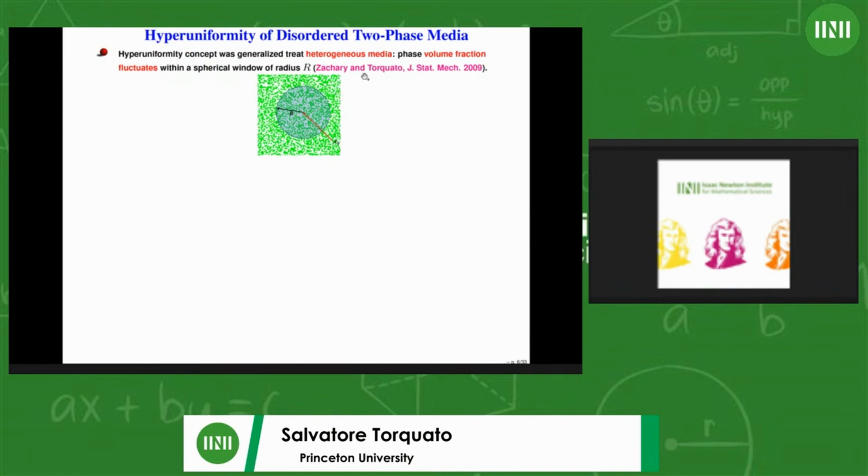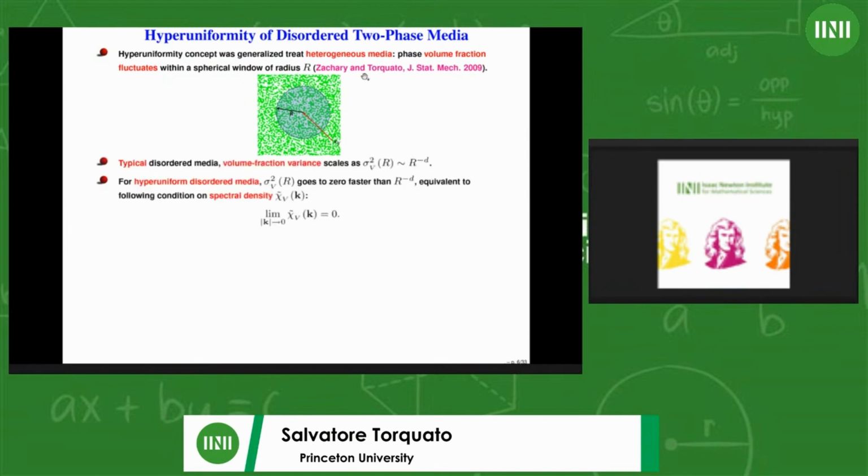The way you define it in this particular case, and I don't have time to describe this, the volume fraction variance actually scales for typical disordered systems like 1 over the volume. This is just a different definition, just a different scaling that leads to 1 over the volume for typical systems.